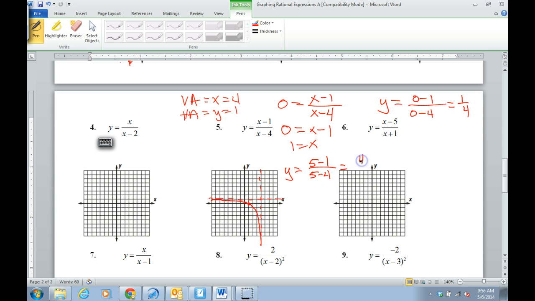That's going to be 4 over 1. So if I go to the number 5 and go up to 4, it's 3, 4 right here. Oops. I know my point is up in this section. So my graph is going to probably do this. Did I do 4, 4 or 5? Should be 5, 4. 5, 1, 2, 3, 4.